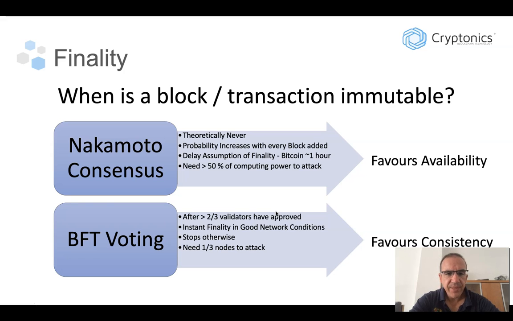And of course, for different applications, there might be a different preference. So BFT voting might work really well for some applications, but Nakamoto consensus might work really well for others. For example, completely open peer-to-peer cash systems like Bitcoin, where you really don't want to limit your set of validators and anyone can participate in the system.